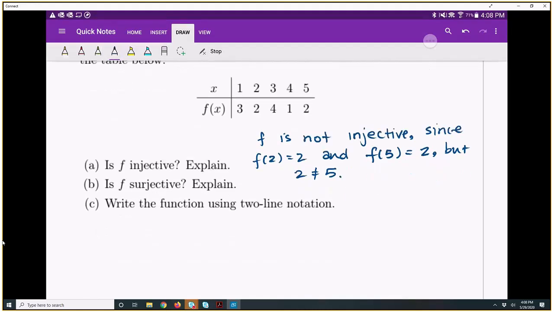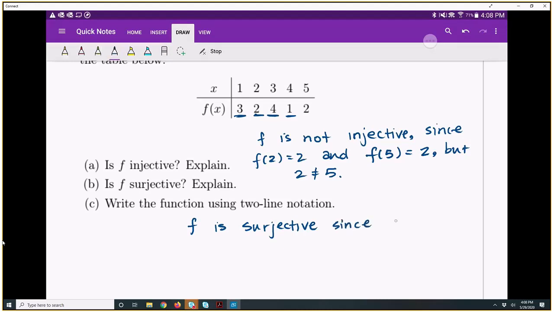The next question is, is f surjective? Well, in fact, it is, because every element in my codomain, remember my codomain was just the set {1, 2, 3, 4}, I have 1, I have 2, I have 3, I have 4. So I'm already surjective. I don't even care about the last one.